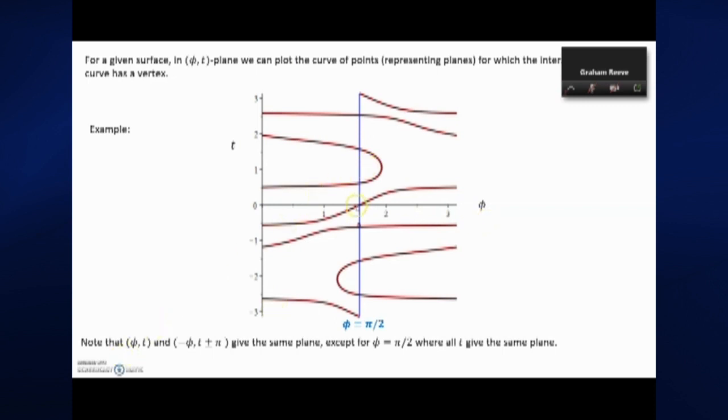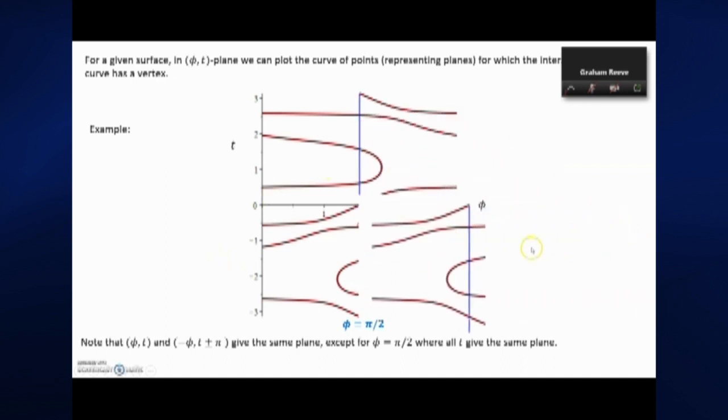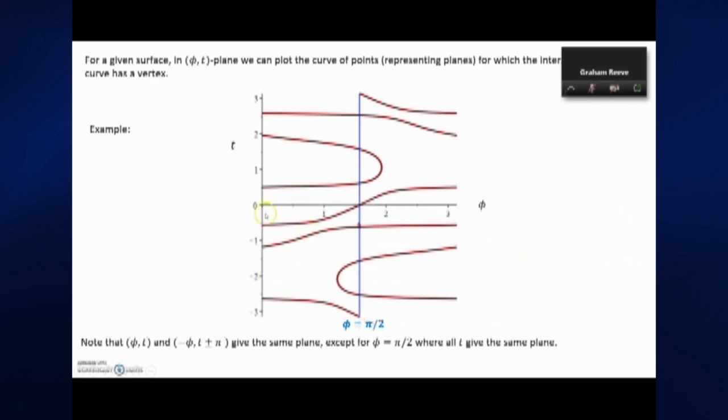So when looking at this picture, we should identify phi and t with minus phi and t plus or minus pi. We can show that by taking this top corner, flipping it over, and it matches up with this corner down here. And similarly, you could do the same with this corner, which appears down here.